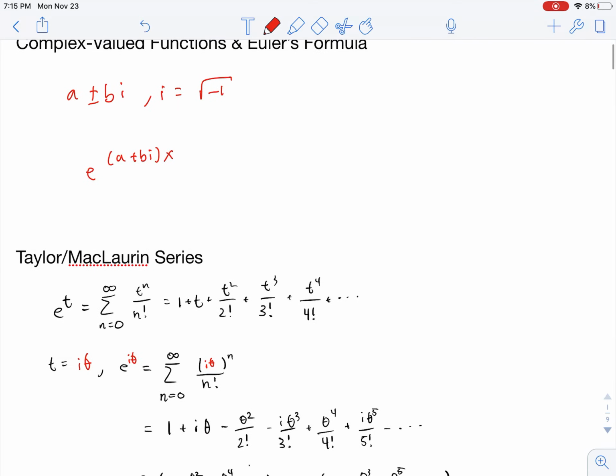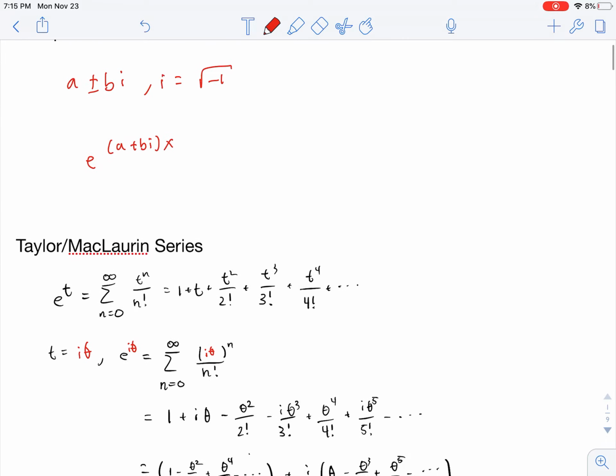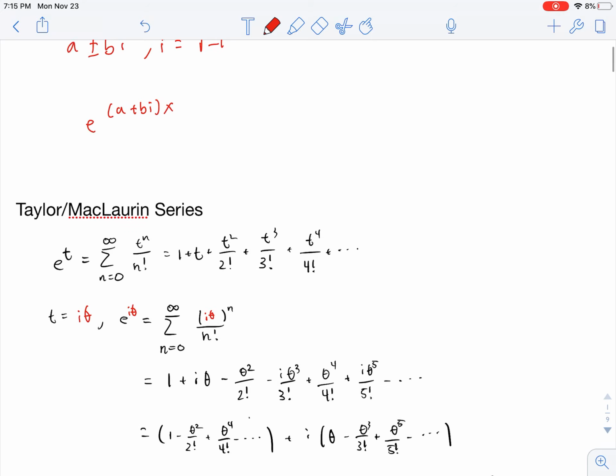Evaluating this, we get that it is equal to 1 plus i theta minus theta squared over 2 factorial minus i theta cubed over 3 factorial plus theta to the 4 over 4 factorial plus i theta to the 5th over 5 factorial, continuing. So from this, you can break this up into i and non-i components.